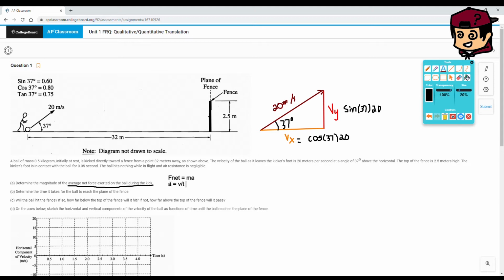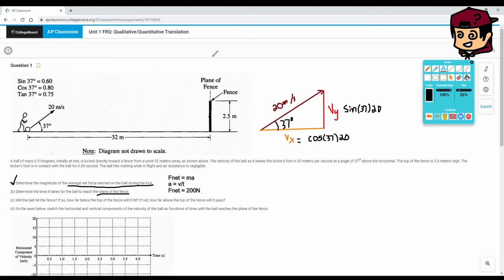We know the mass, 0.5 kilograms. We know the velocity, which is 20 meters per second. We know the time, right? So we can figure it out. And that should give you, in the end, an F net of around 200 newtons. Done. Solved. Easy peasy.